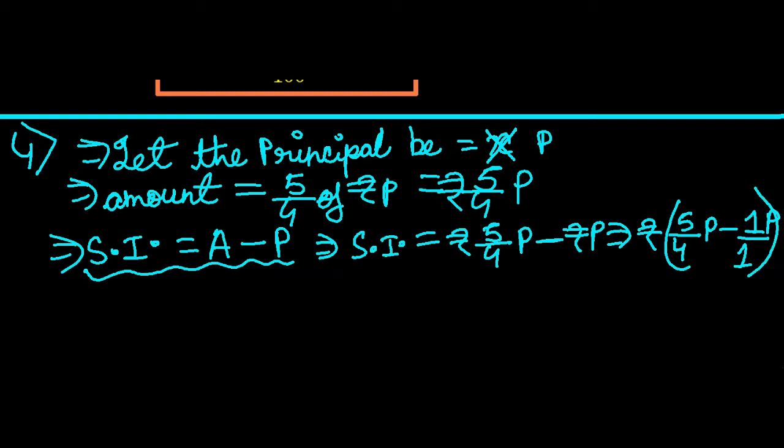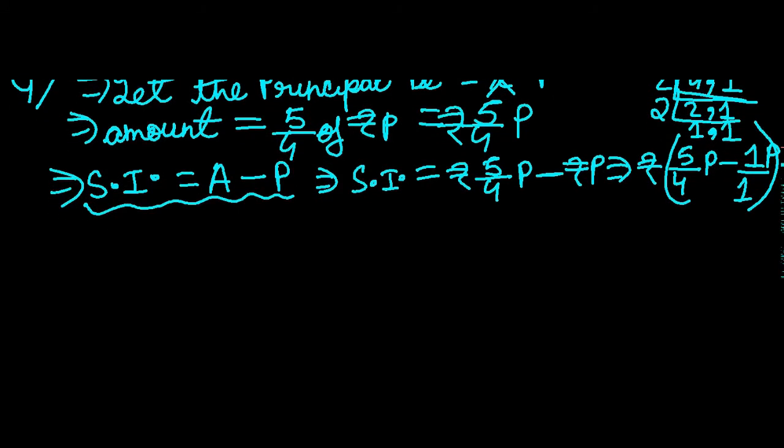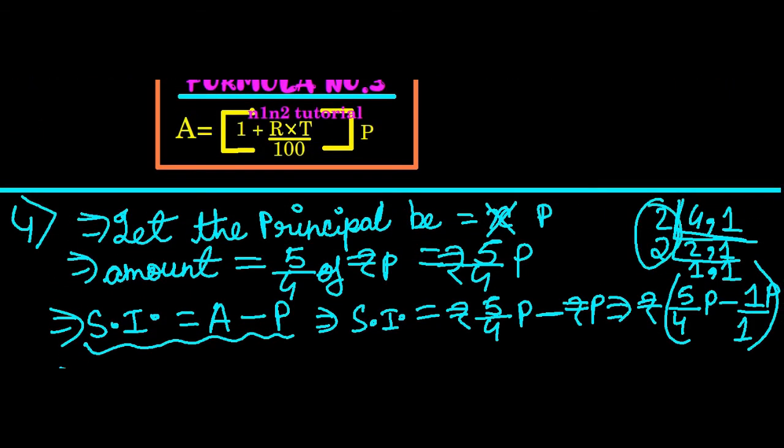So first we will take out the LCM of 4 and 1. So 4 comma 1, 2 2s are 4, 2 1s are 2. So the LCM is 2 into 2, which is 4.